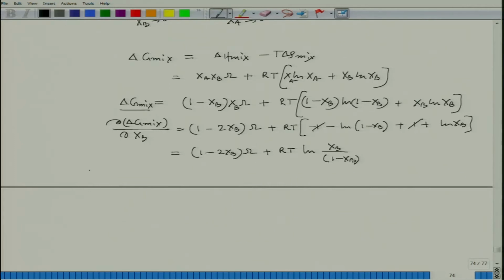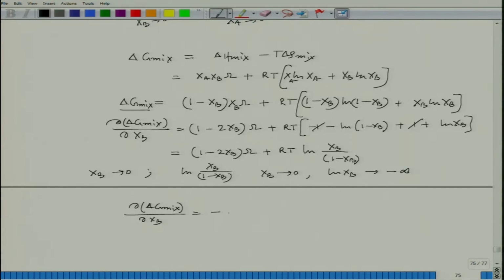Now when x_B tends to 0, what happens to the ln x_B term? Actually, if x_B tends to 0, ln x_B would be equal to minus infinity. Hence, d(ΔG mix)/dx_B would be minus infinity when x_B tends to 0.